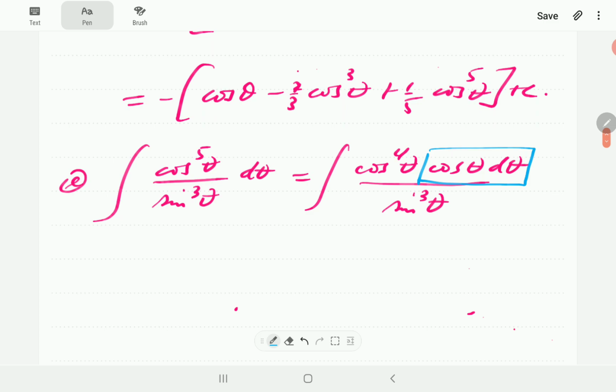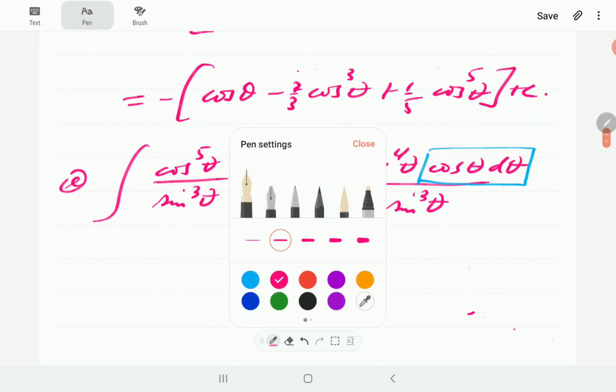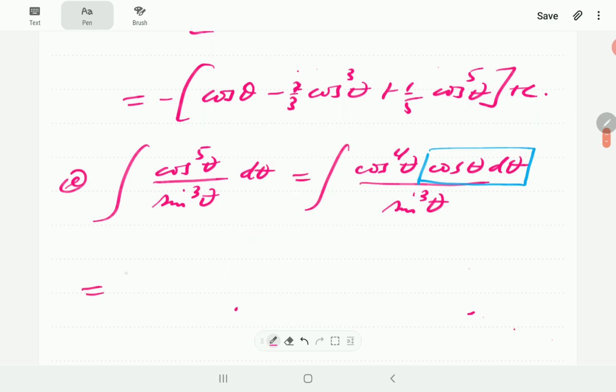Then we're going to need to write everything else in terms of sine. So cosine to the power 4, all right? Let's just talk about cosine squared. Cosine squared, using the sine squared plus cosine squared equals 1 formula, is going to be 1 minus sine squared.